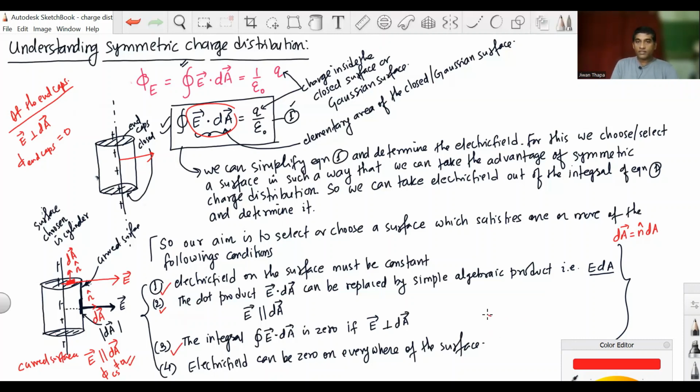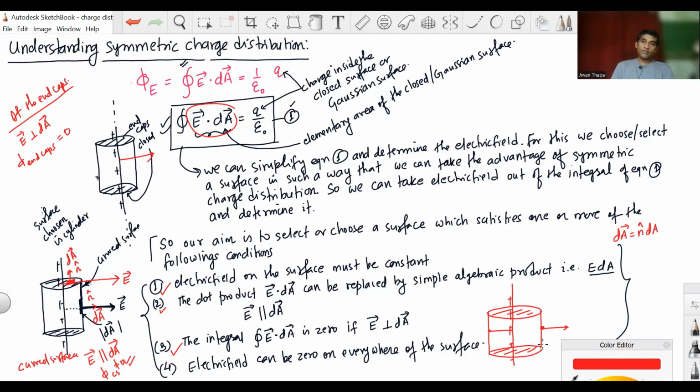At the curved surface, the magnitude of electric field at each point on the curved surface is what?